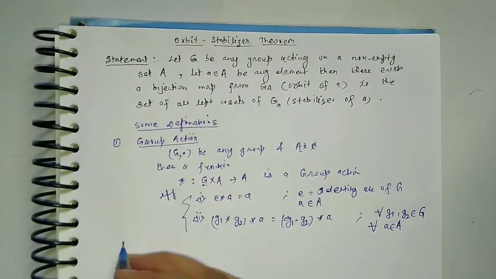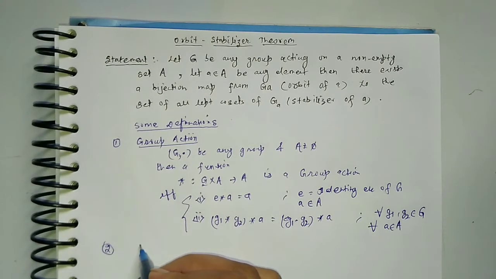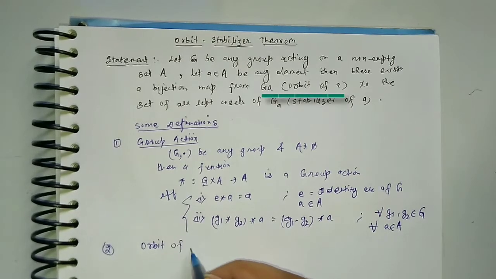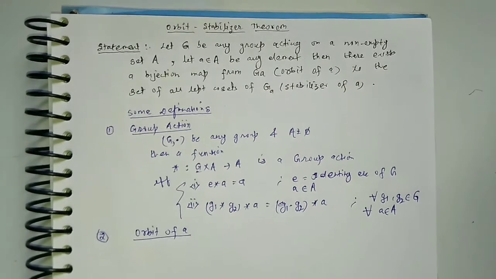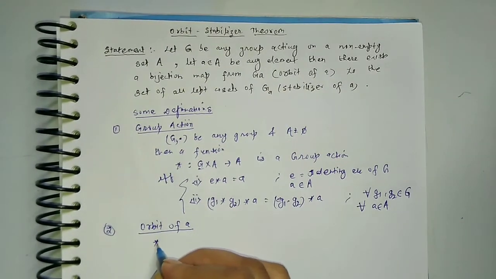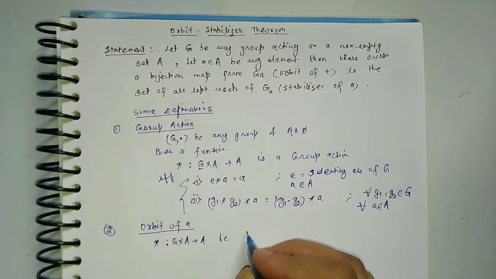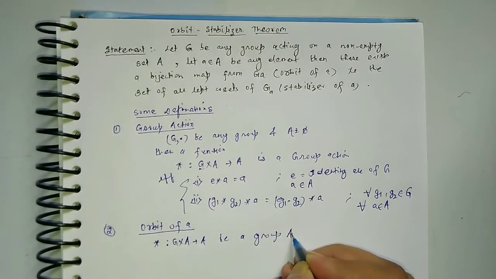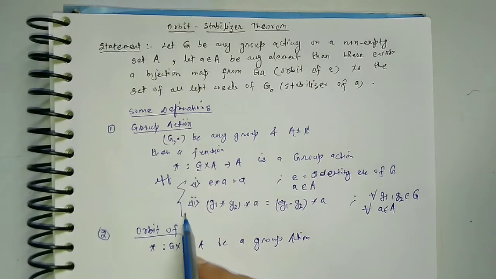Now the second definition is orbit of a, that is orbit of any element. For this again say star from G cross A to A be a group action, that is, this one satisfies these two properties.